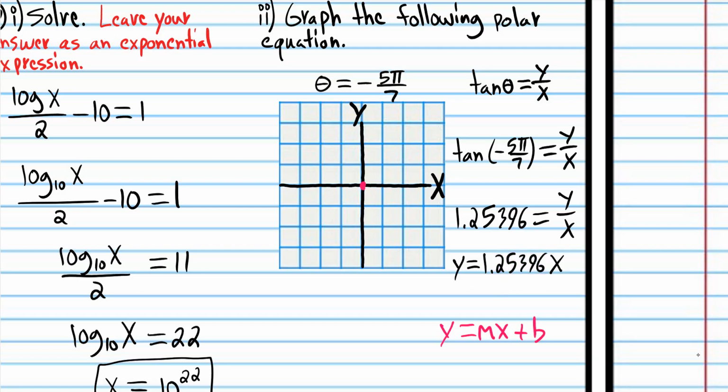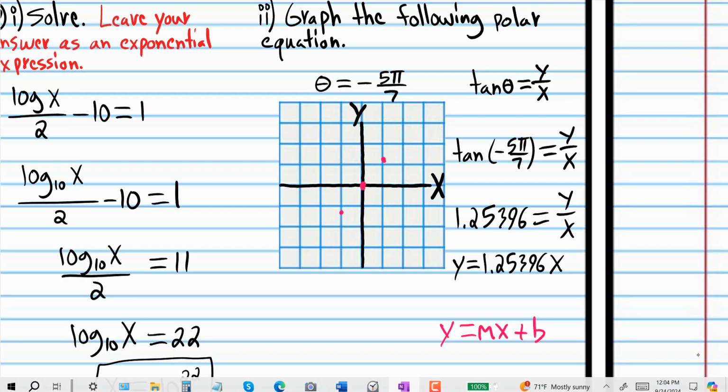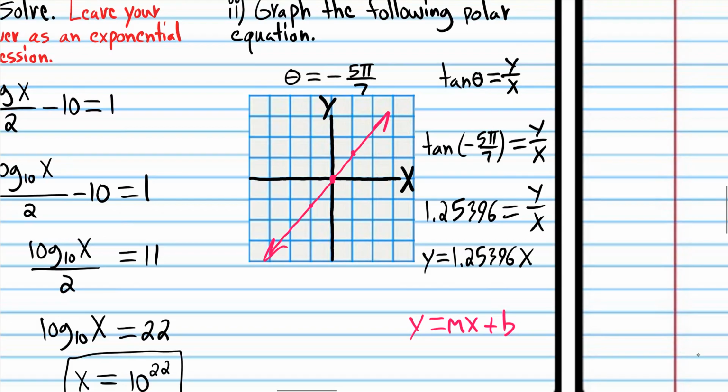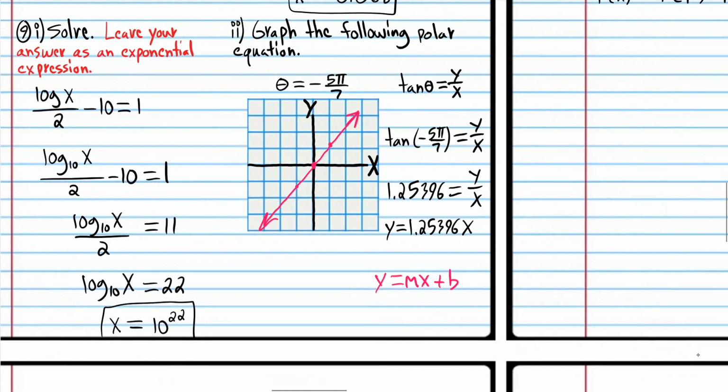So we're going to go up 1.25396 and then we're going to go over 1. And then we can go down 1.256 and over 1 in the other direction, and we can just connect the dots. You can keep going as much as you want to get an accurate graph, but the graph doesn't really have to be perfect as long as you get the main idea.